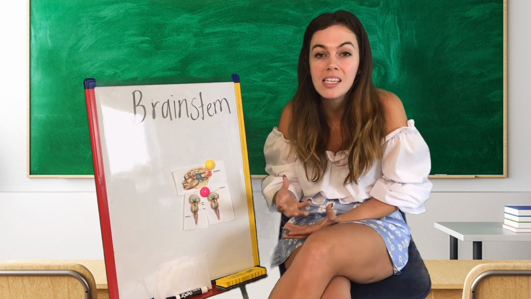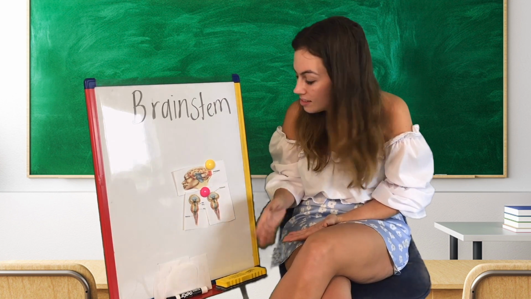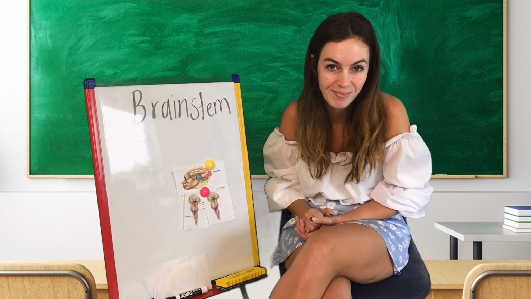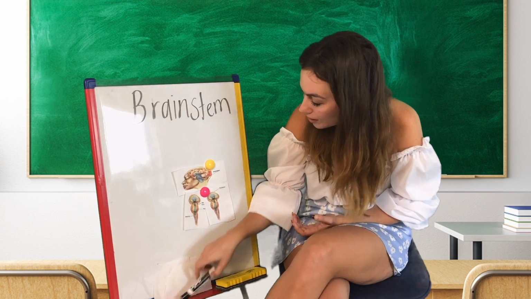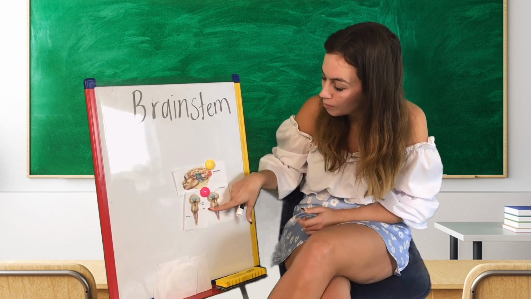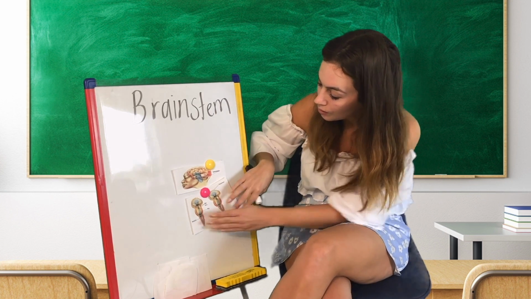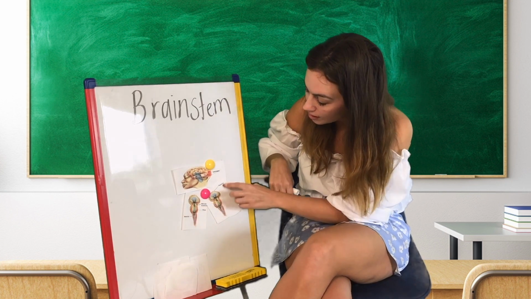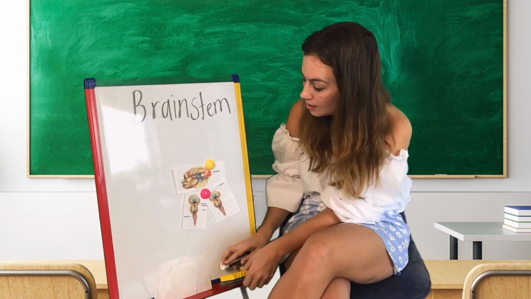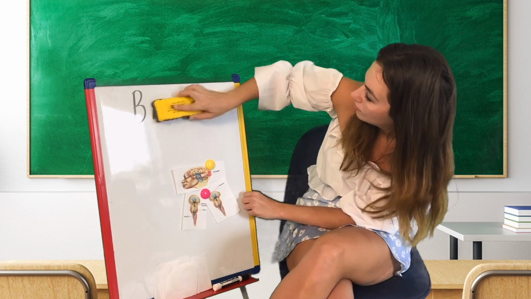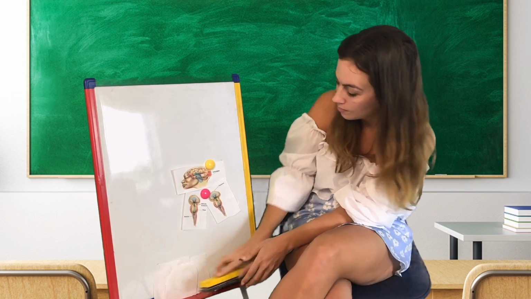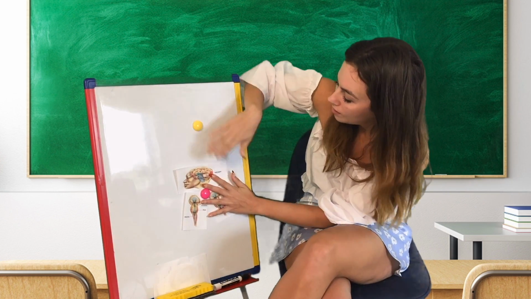It's going to receive information from all the senses except for smell. So those are the parts of the brainstem: the medulla, pons, and the reticular formation, and we also have the thalamus.